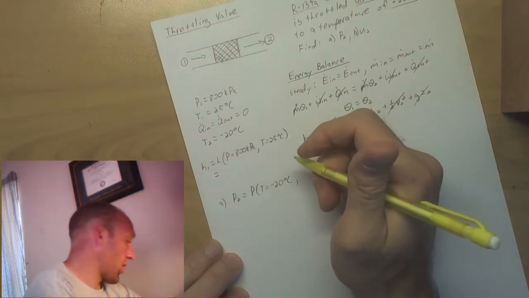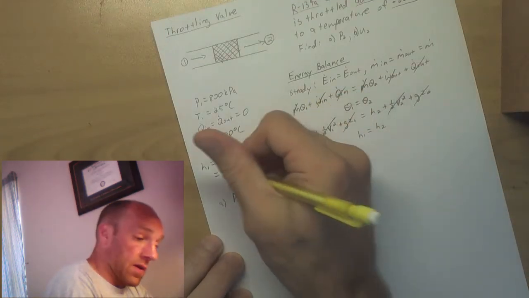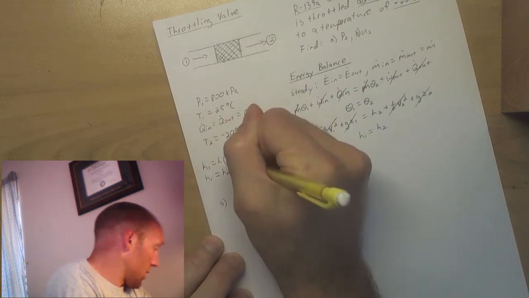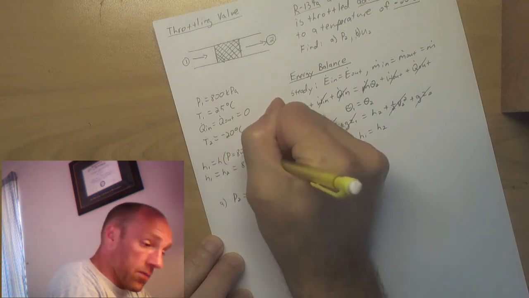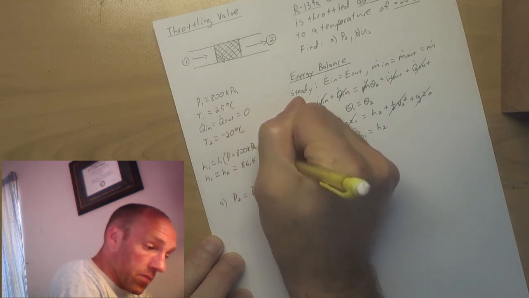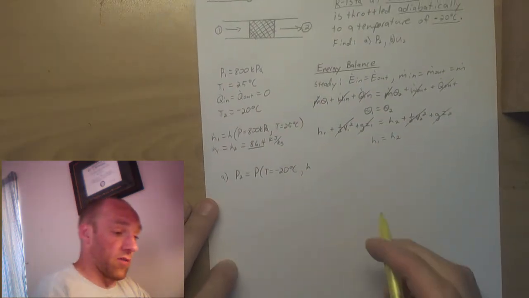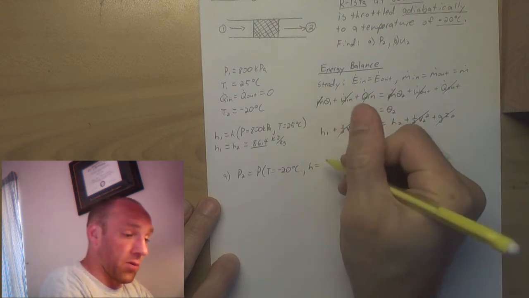And so H1, if I plug it into my calculator, now I know what to plug in for my second independent intrinsic property.